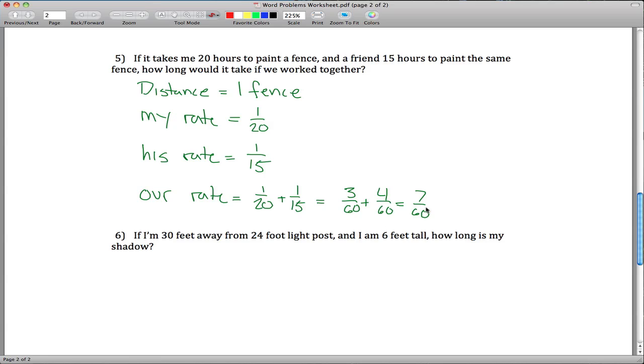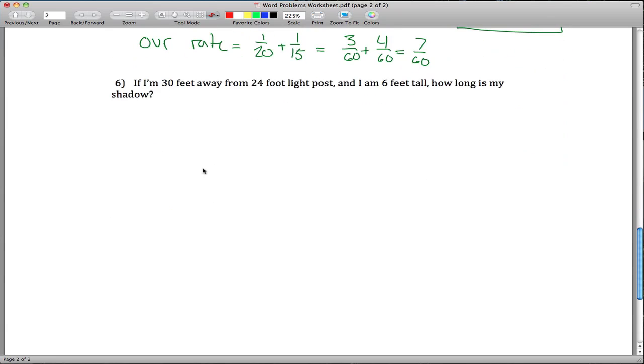So if our speed is 7/60ths and we want to go distance of 1, since we know distance equals rate times time, we can solve for t. t is equal to 60/7. So whatever that number is, how long it would take us to paint this fence if we worked together. What, a little less than 9 hours, I guess?